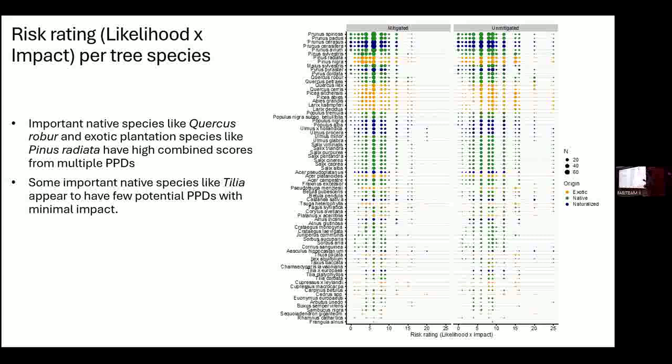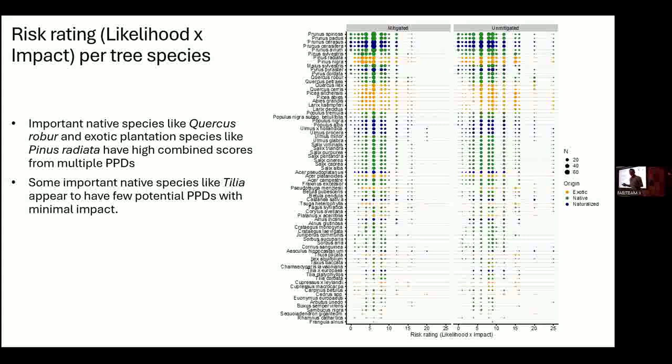The colours tell you whether it's exotic in orange, native in green, or naturalised in blue. At the top here, we have some prunuses and pinuses and some oaks. The oak one is particularly worrying for us. It's our national tree. And then down at the bottom, the more unusual tree species, which, well, you would have heard of Sequoiadendron giganteum. It doesn't have any pests associated with it, cedars and a few others, limes, Tilia. Okay, so it gives you an idea of the spread.